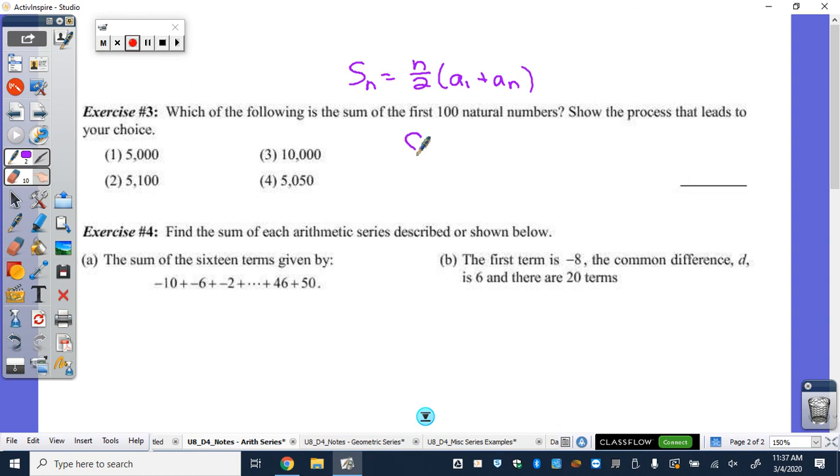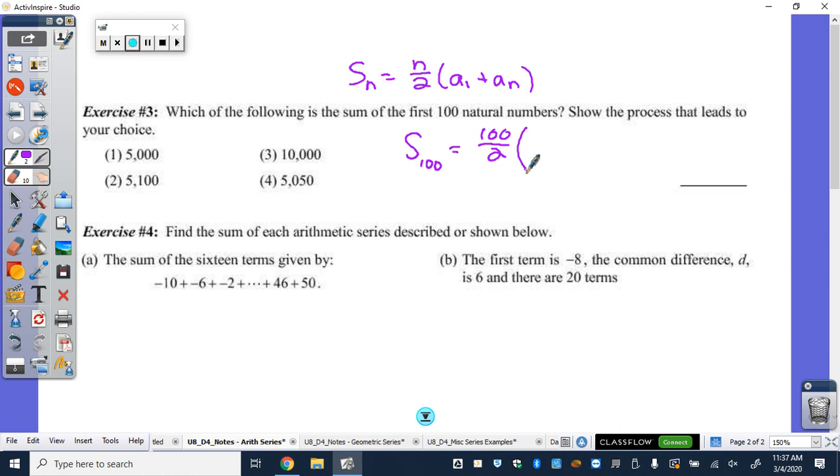So we're trying to find the sum of the first 100 natural numbers. So our n is going to be 100. So S sub 100. Then that would also give us in front of the parentheses 100 divided by 2.